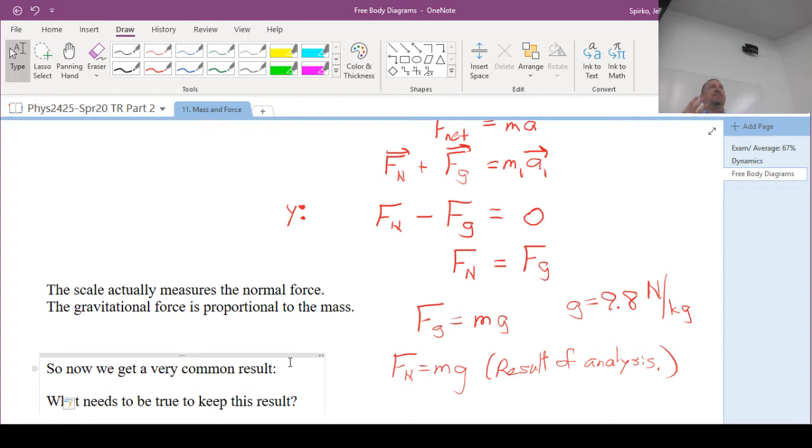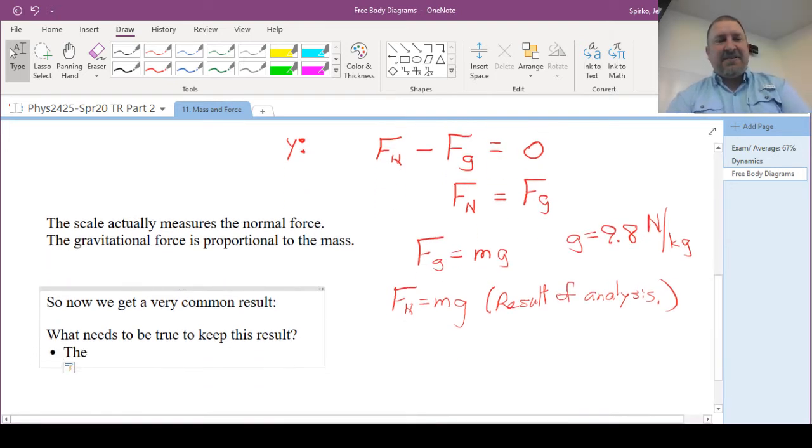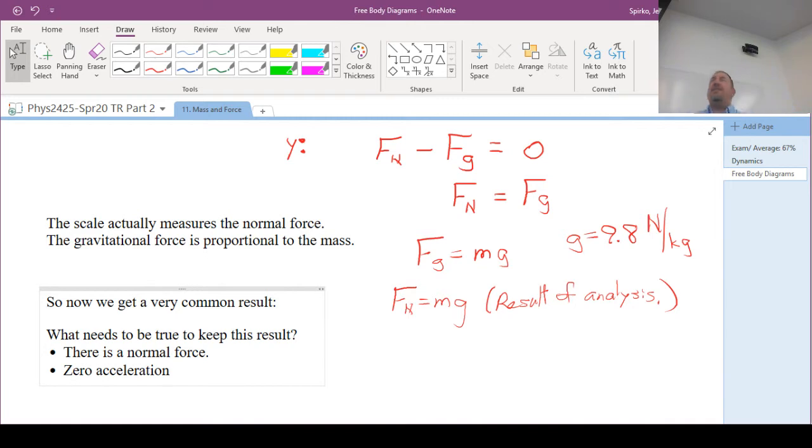I was only going to list 3 things, but now I have to list 4 things. Yeah, that's good. Okay. Definitely also has to be true that we have 0 acceleration.